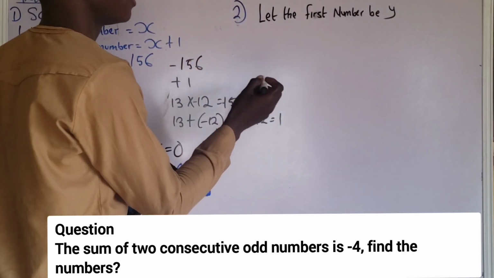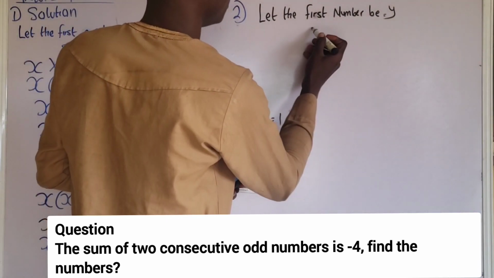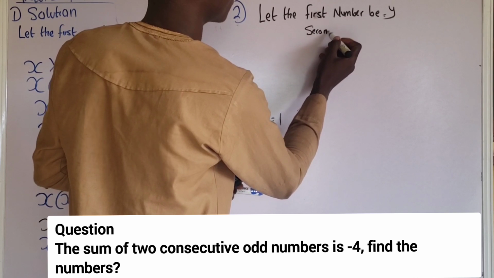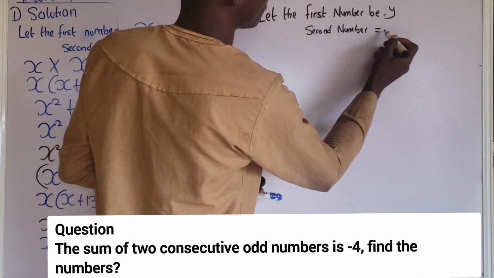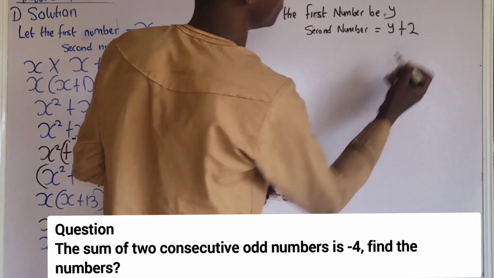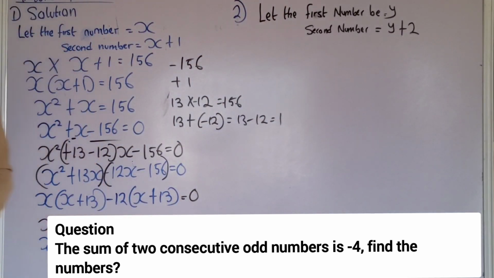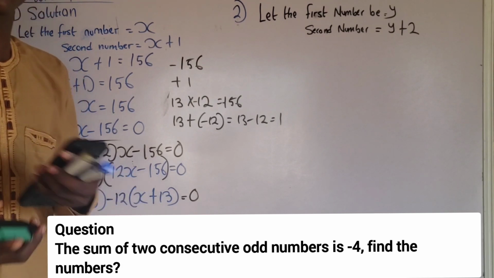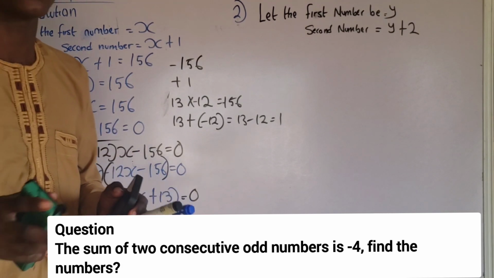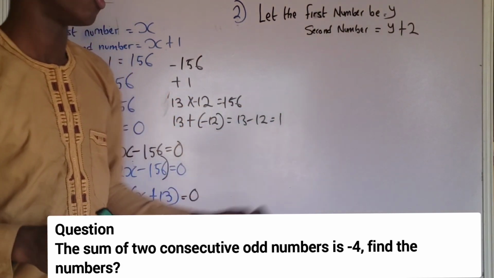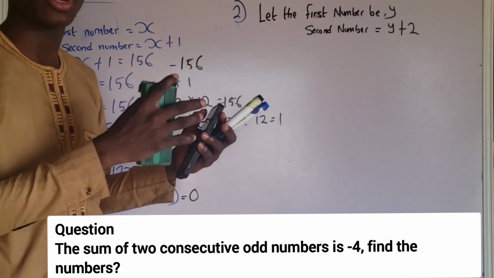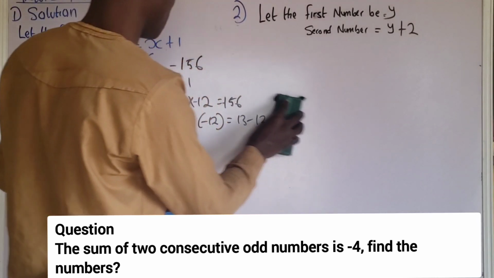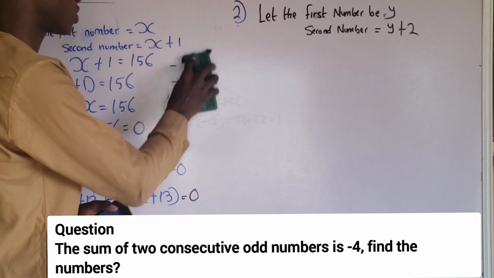The second number will be y plus 2, because we are now dealing with two consecutive odd numbers. If it is ordinary two consecutive numbers, you know that they differ by 1, so we would have y plus 1. But it is odd numbers, and I've already explained to you, so the second number will be y plus 2.